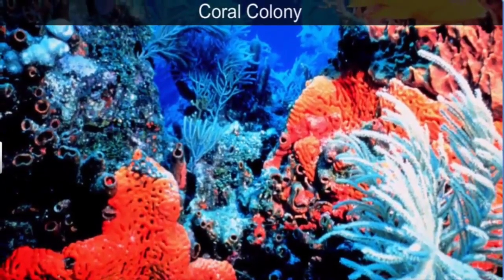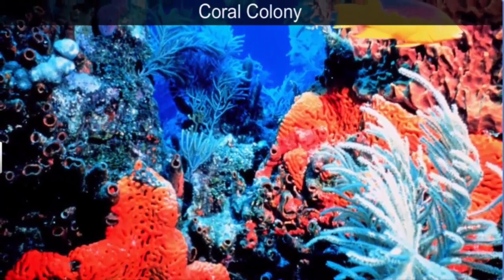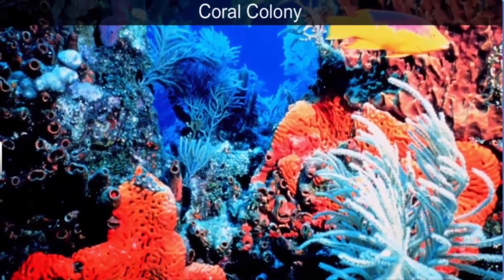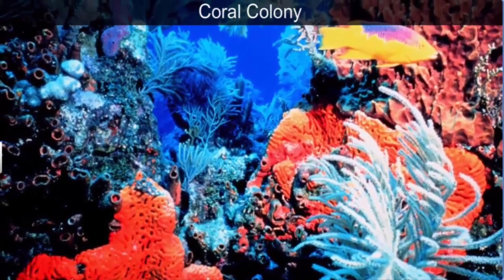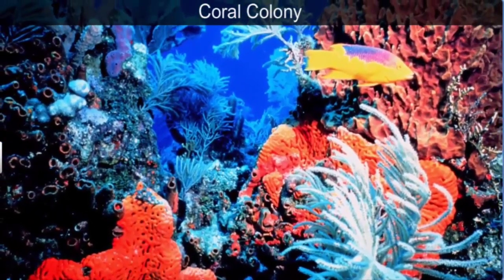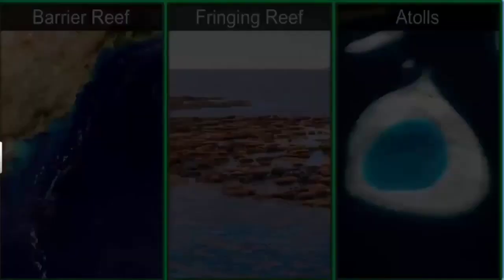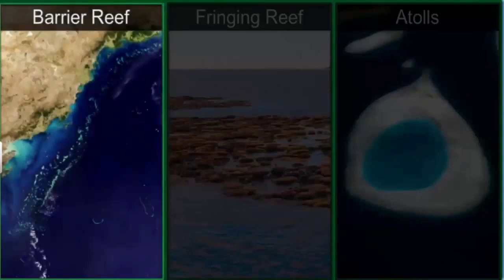The reefs are built of a combination of hard rock-like secretion from the coral polyps and their skeletons. There are three main kinds of reefs: barrier reef, fringing reef, and atolls.